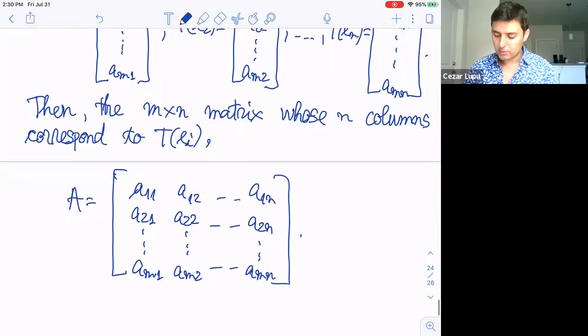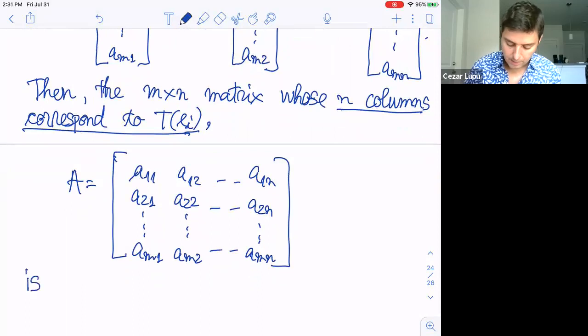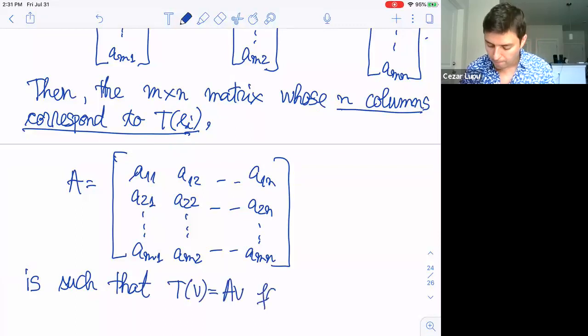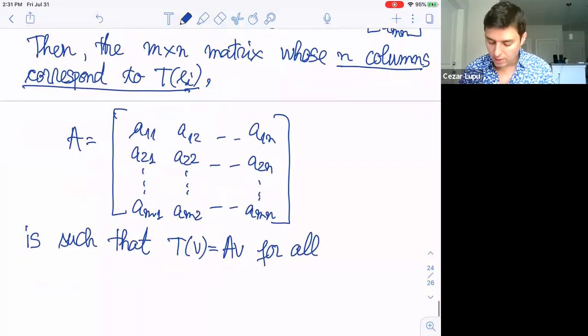Right? This matrix, the m by n matrix whose n columns correspond to T of ei, is such that T of v is Av for all v in Rn.